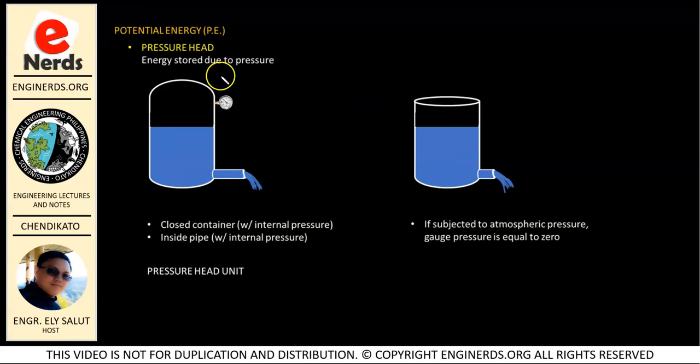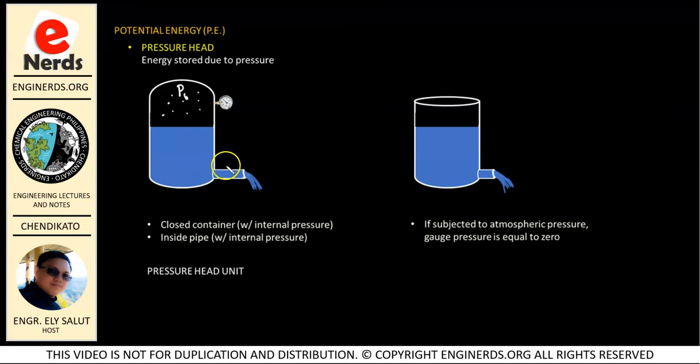So, most probably, kapag meron tayong closed container, we have a internal pressure. That's why in this example, naglagay tayo dito ng pressure gauge. This is to indicate na meron tayong internal pressure dito. Okay? So, that means here, we have pressure. Okay? So, meron tayong pressure dyan dito sa loob ng container.